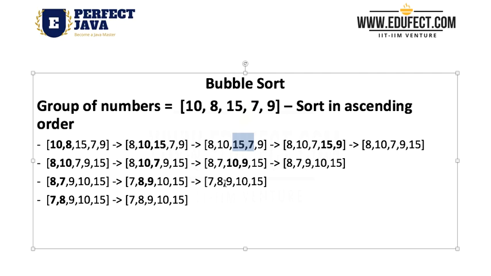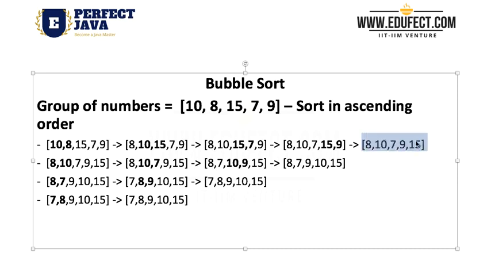Are they in the right order? No. If the array is to be sorted in ascending order, 7 should come first and 15 later. So we swap them. Then we check the next pair, 15 and 9, again in the wrong order.